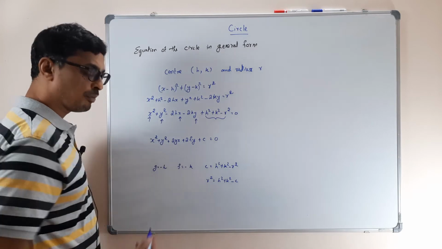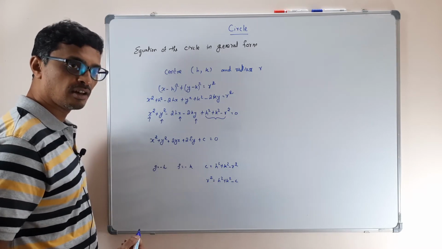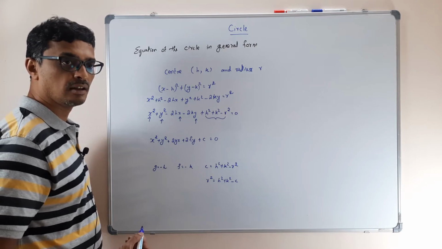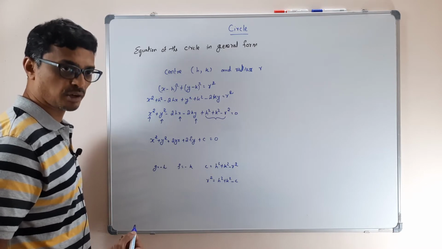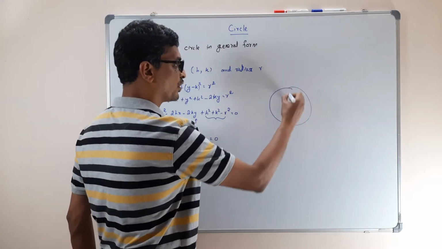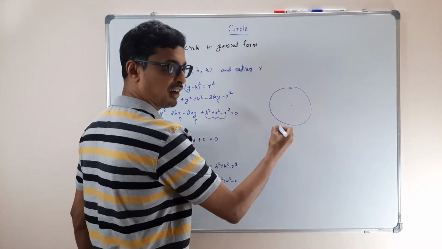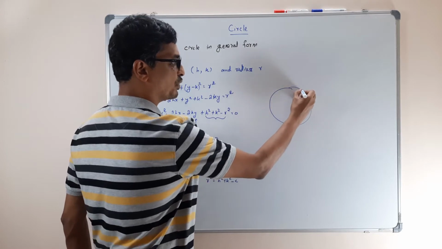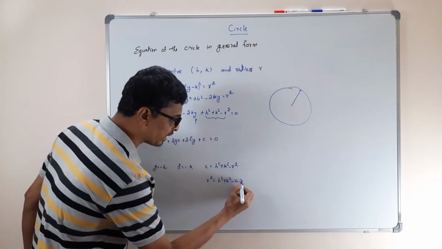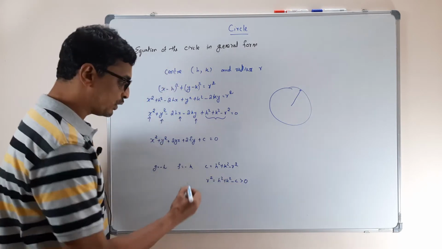Can this r square be less than 0? What is r? The radius has to be greater than 0, because when you take a circle, a radius of 0 is a point, right? It has to be greater than 0. It can't be less than 0. Therefore, this should be greater than 0. So, this is one condition.